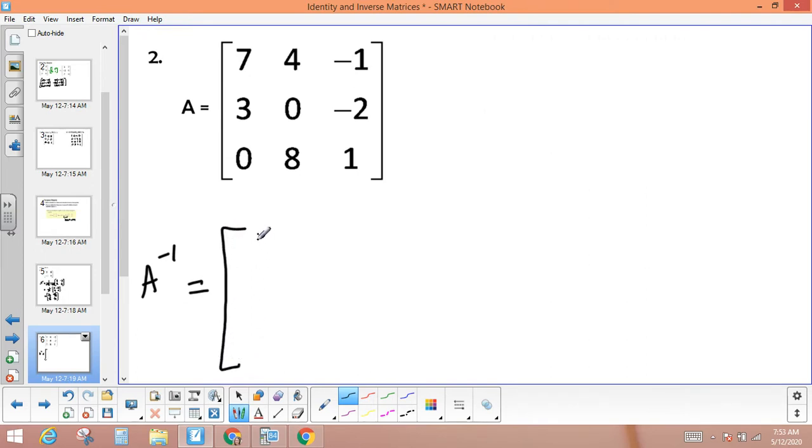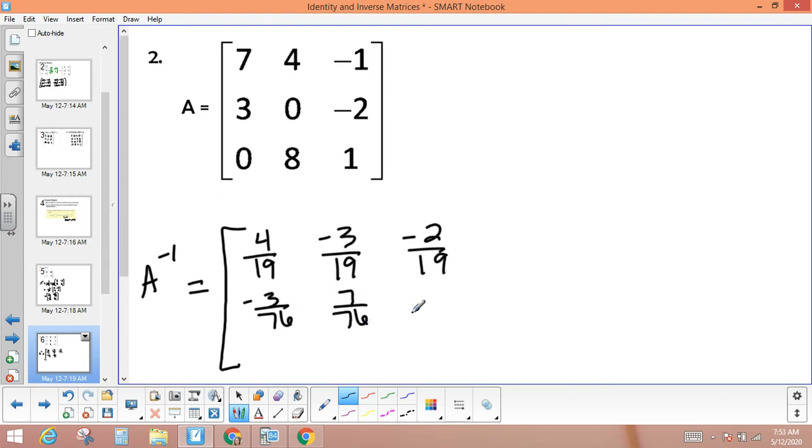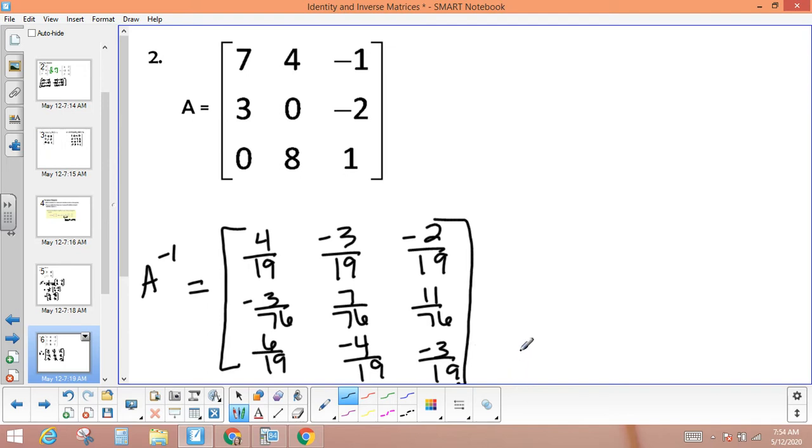All right, so we have 4/19, negative 3/19, negative 2/19, negative 3/76, 7/76, 11/76, 6/19, negative 4/19, and negative 3/19. And that is our inverse.